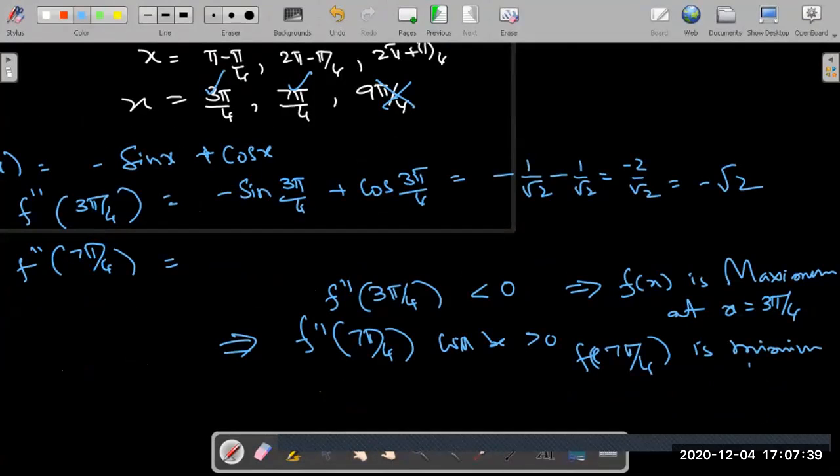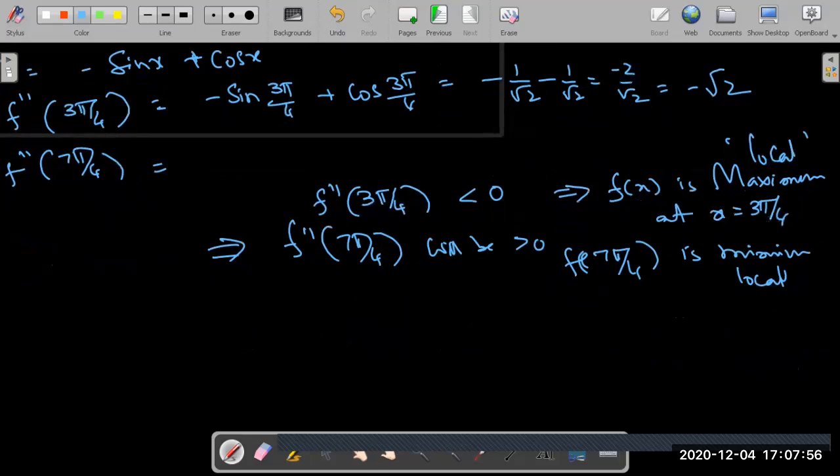Basically, this is local minimum, this is local maximum. Why did we use the word local? Because we are restricting only to the interval 0 to 2 pi, because there are other maxima and other minima also. Now we need to find both these values.